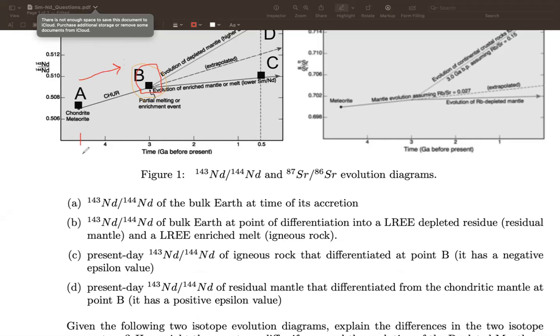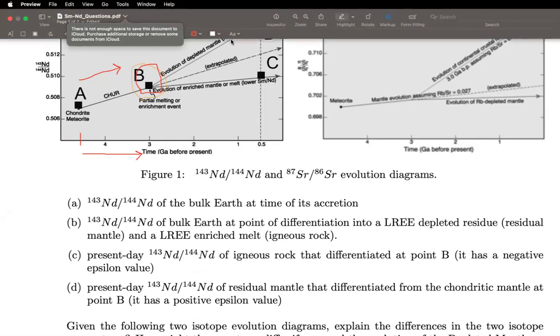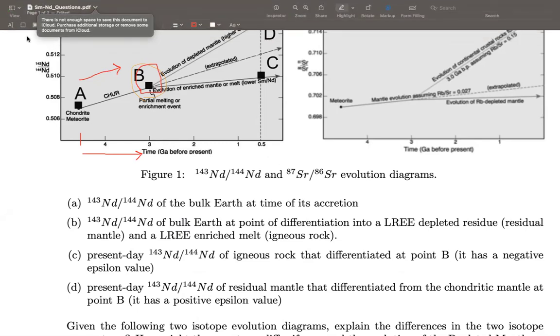And from there until nearly 3, roughly 1.5 to 2 billion years of evolution time, the Earth started evolving, and you can see the differentiation point as B, right?